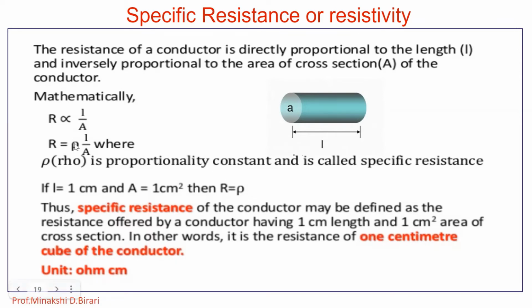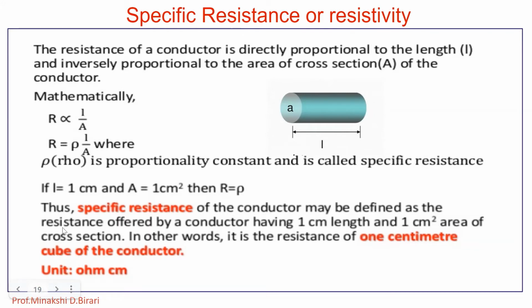Whenever we put these values in R is equal to rho into L upon A, L is equal to 1 and A is equal to 1, so R is equal to rho. Thus, the specific resistance of the conductor may be defined as the resistance offered by a conductor having 1 centimeter length and 1 centimeter square area of cross section. In other words, it is the resistance of 1 centimeter cube of the conductor.